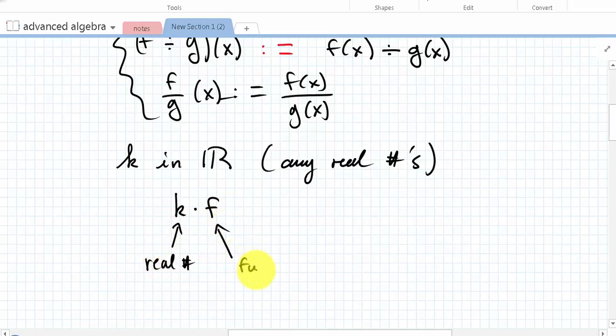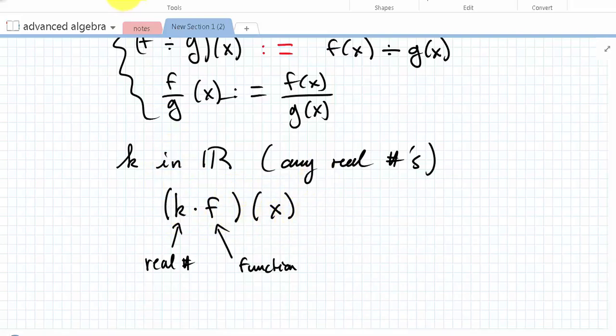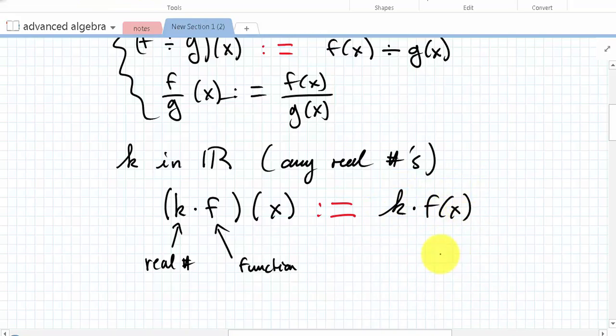This is a function. So I have no idea what it means to multiply a function by a real number until I define it. So let me tell you what it does to an input. By definition, it is very simple. It is k times the output of the function. That's all. Let's go over some examples.